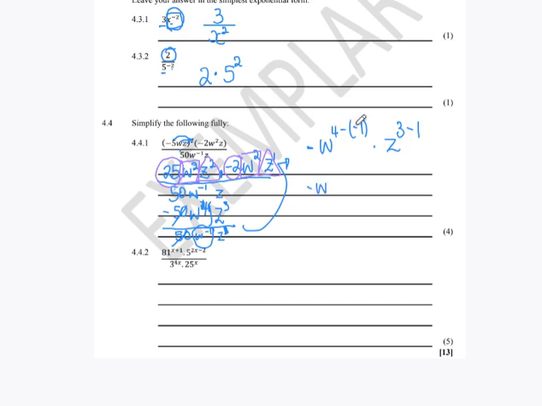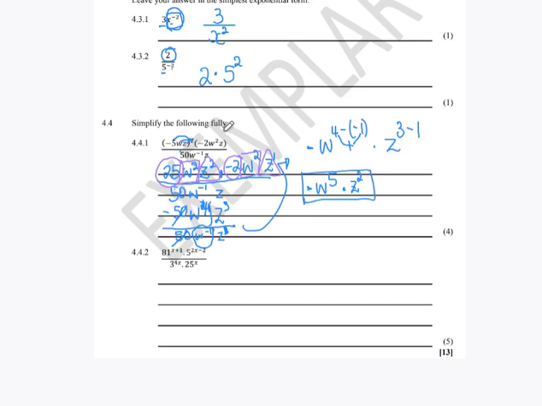Negative times negative is positive, so this will give us a plus. Then 4 plus 1 gives us the power 5, times 3 minus 1 gives us the power 2. So the final answer now is negative w to the power 5 times z to the power 2.